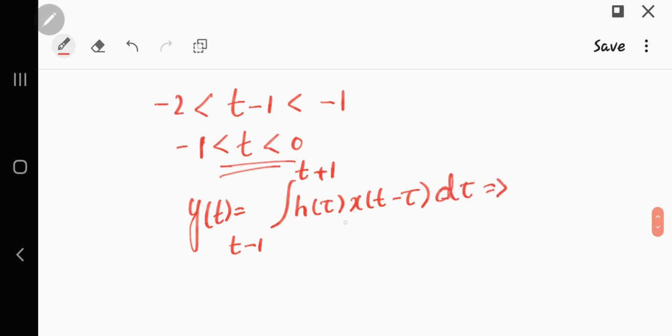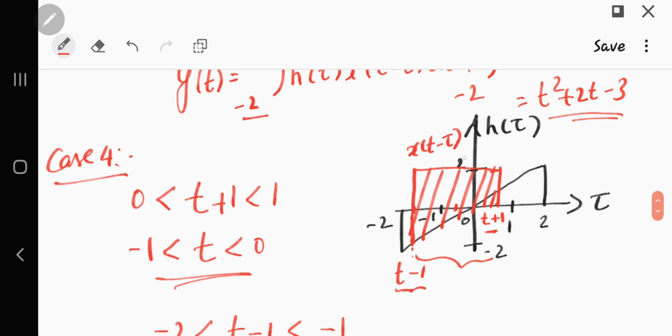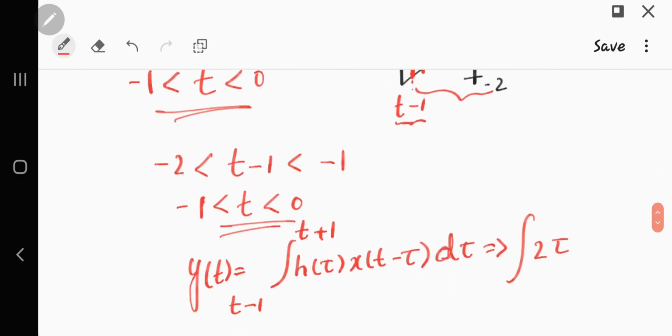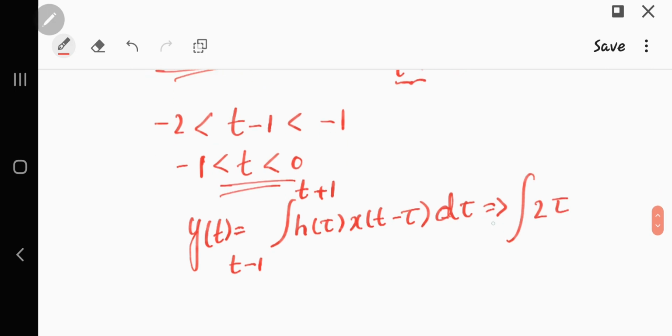Now the value of h of tau is tau, and x of t minus tau is 2. So again 2 into tau. In this particular duration, h of tau is tau only, at any point. I have already explained that before. So t minus 1 to t plus 1.